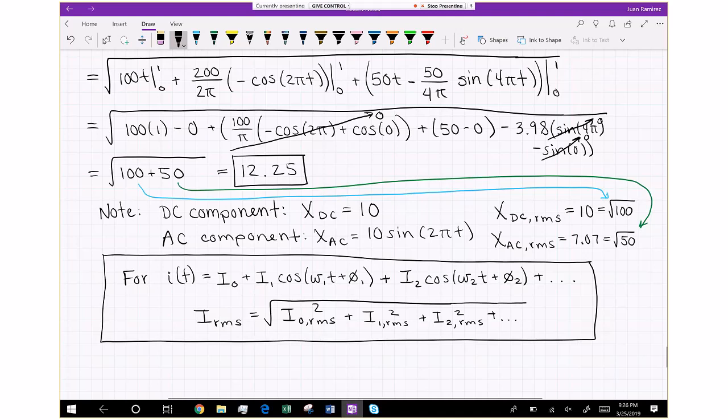Okay, and so those are the 3 main tricks to finding an RMS value quickly. Again, that's for a pulse waveform, a pure sinusoid, and a sinusoidal signal with multiple frequency components. This is especially important in power systems.